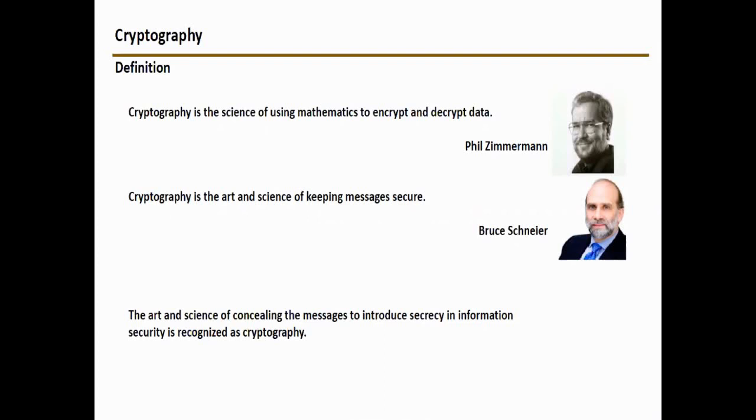When we say we are trying to make a message secure while it is being communicated between two systems, the system definition itself has evolved, because previously the systems were telephonic systems where people used to communicate. Next came computer communication based on network and internet technology.